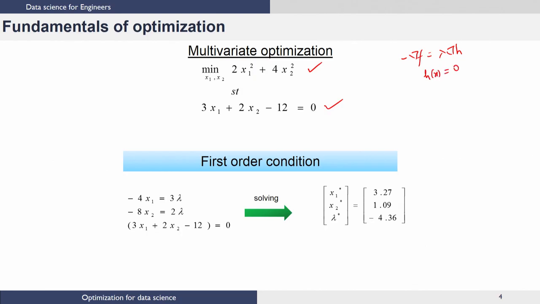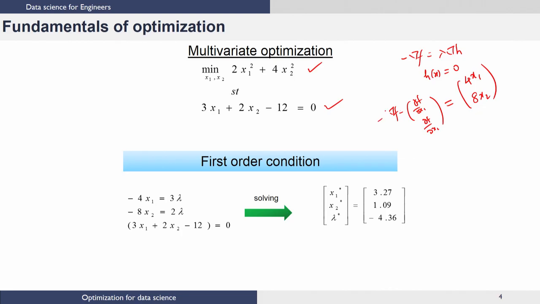Let us do the computation so that we understand this. To calculate grad of f, which is basically dou f dou x1, dou f dou x2: if you look at this objective function, dou f dou x1 will be simply 4x1 and dou f dou x2 will be 8x2. So, we have grad of f.